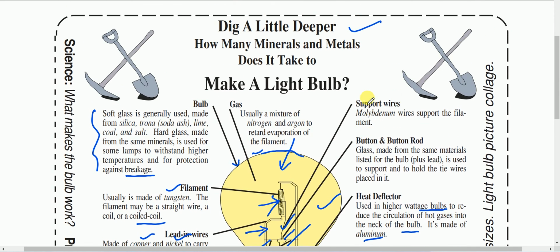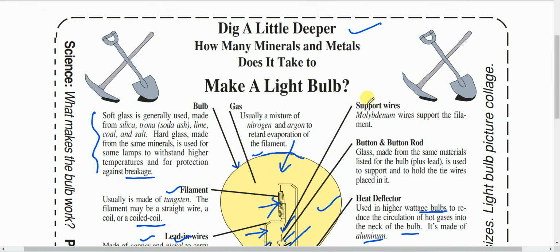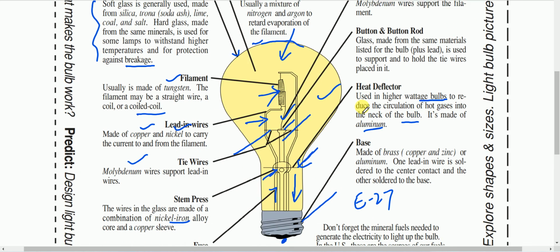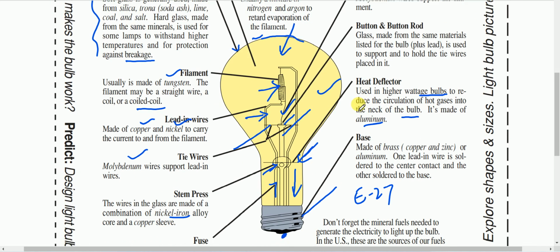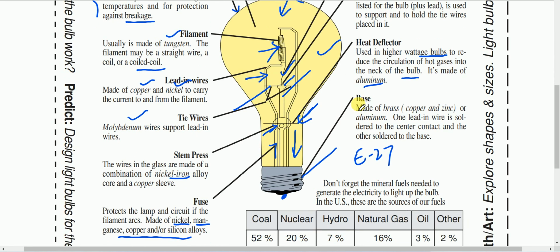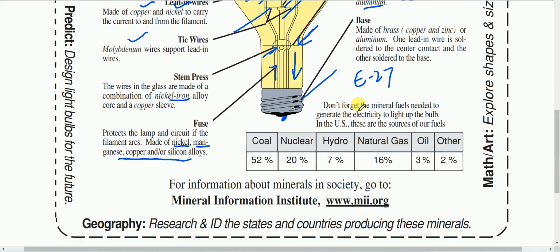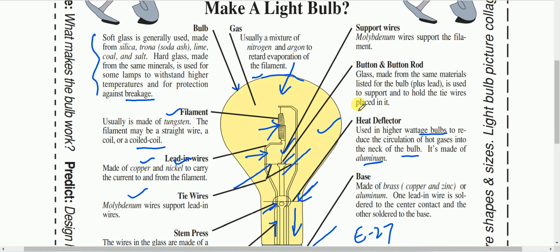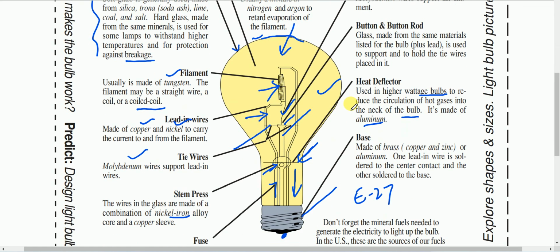This is about the making of a light bulb. What minerals and metals are used in making a light bulb is given here, and you may find it. You may also find the same in the science textbook. In making a light bulb, we use glass, and the glasses are made from silica, soda ash, lime, coal, salt.